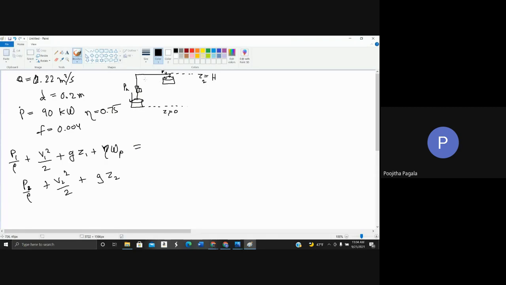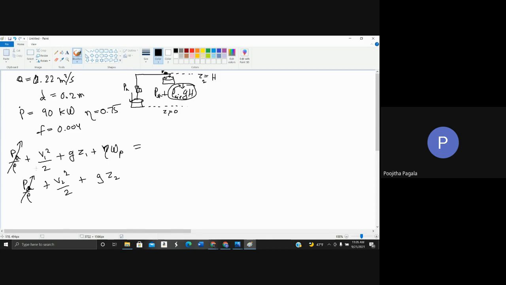So you might argue that the pressure here is going to be PA, then the pressure here will be PA plus rho air into G into H. But rho air is so small that you can essentially neglect this term. So P1 is PA and P2 is PA, and both of these terms will get cancelled.